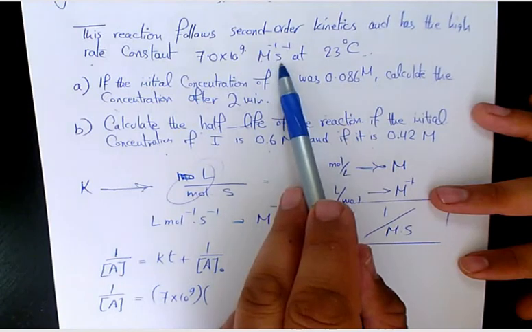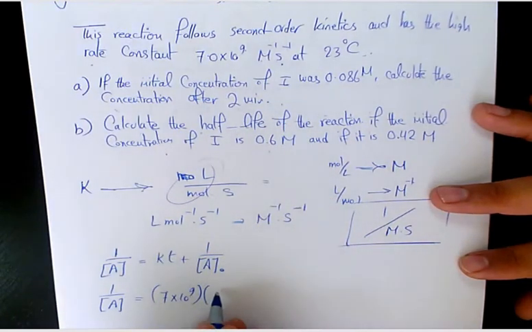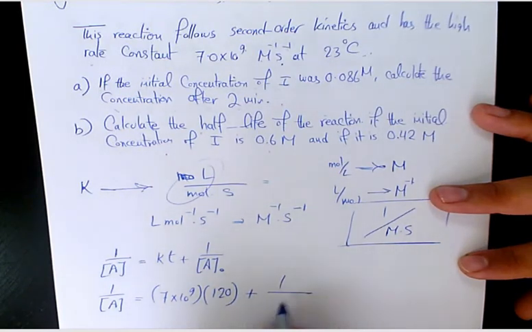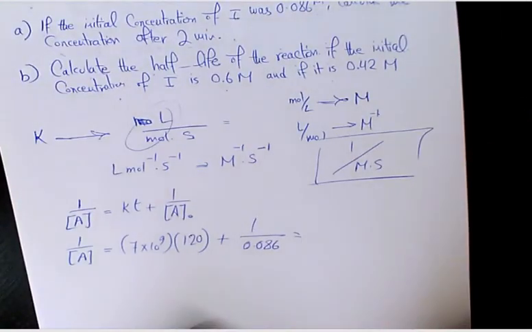Since it's in terms of seconds, we need to convert it to seconds. So 2 minutes is going to be 120 seconds, plus 1 over initial concentration, which is 0.086. So 7 times 10 to the power of 9 times 120 plus 1 divided by 0.086. That's going to be 8.